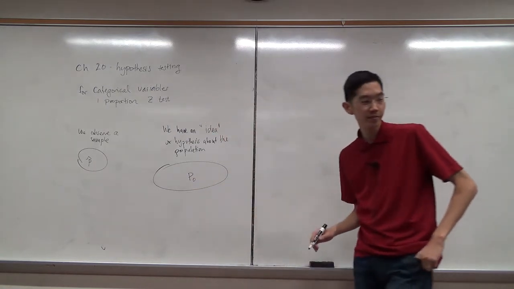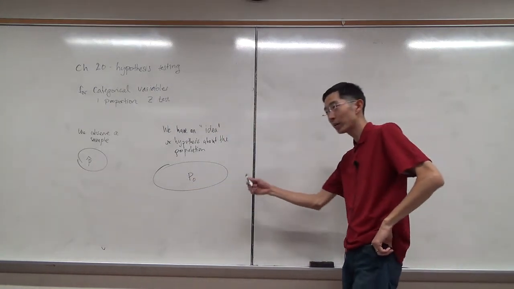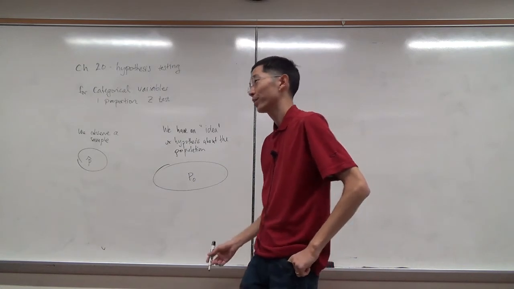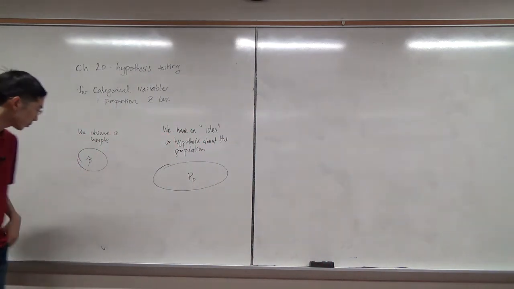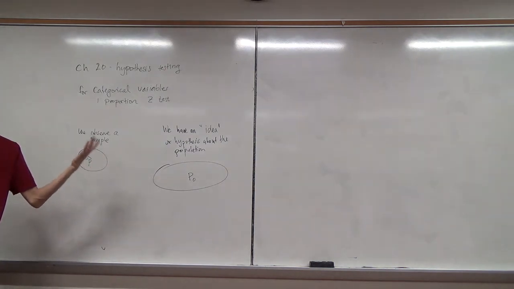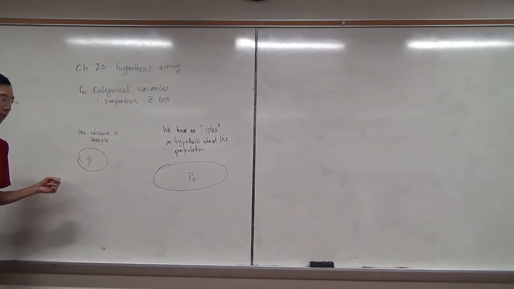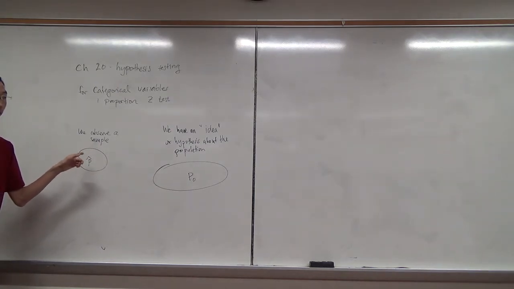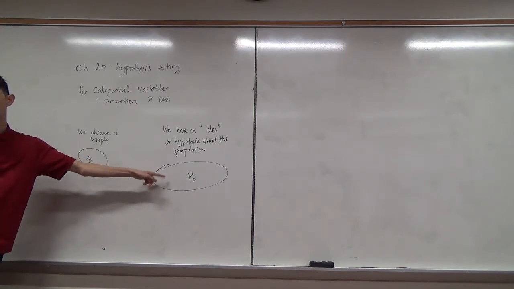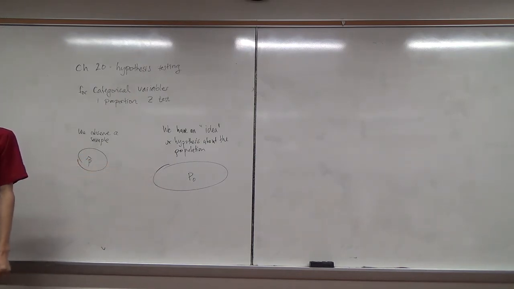So maybe someone says the population is 30% this, and we take a sample and it's only 23% that. So the question is, because I saw a sample where the proportion is only 23%, does that refute this claim or idea about the population?